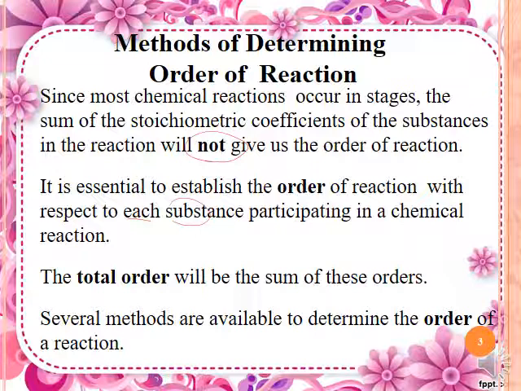Like I mentioned in my previous lecture, you will have an order with respect to each of the reactants involved, and the total order will be the sum of the respective orders of the reactants. So there are several methods available to determine the order of reaction, and of course the methods will need experimental data.